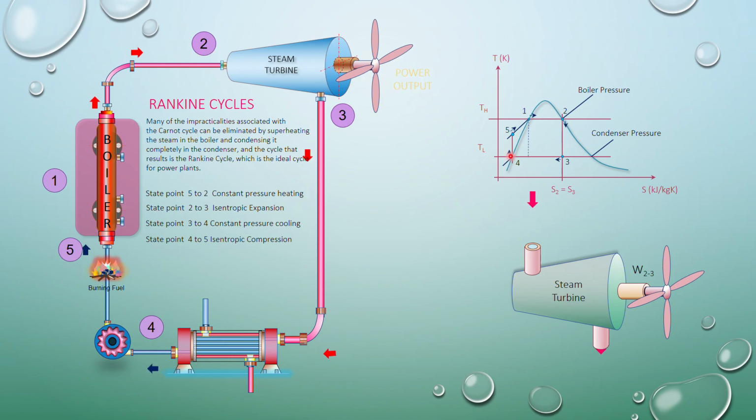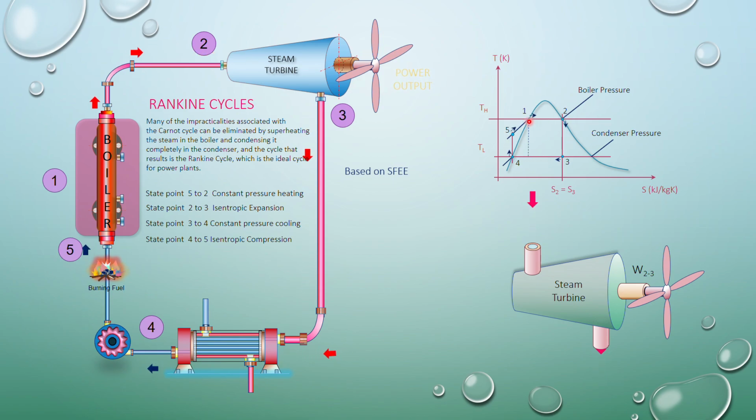So point 4 is liquid, and it undergoes isentropic compression to state point 5, where it enters the boiler at point 5, leaving the boiler at point 2. From point 5 to point 1, it undergoes an isothermal process, a constant pressure process.